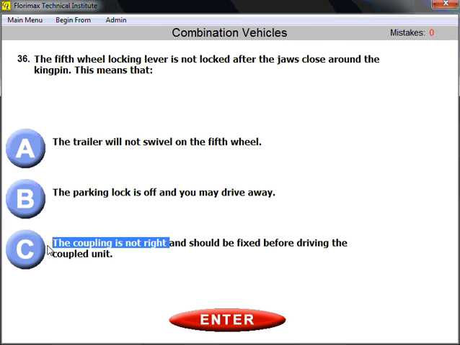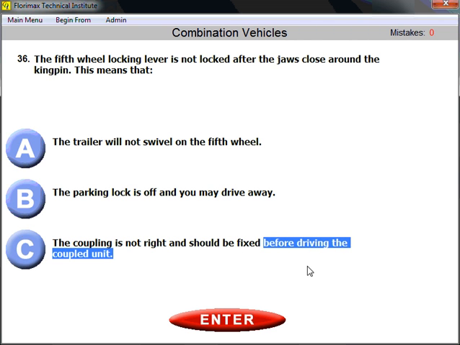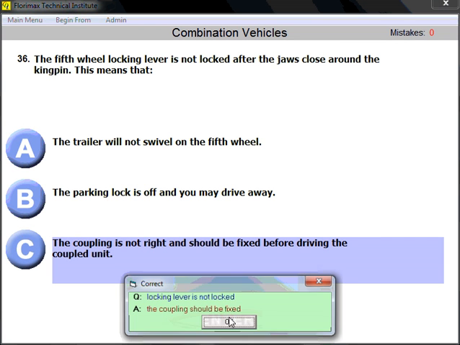You don't need to know all the technical details. The coupling is not right, and it should be fixed before you drive the coupled unit.